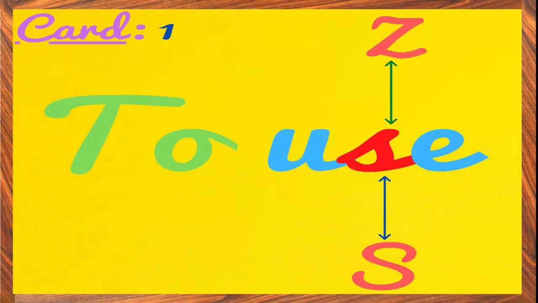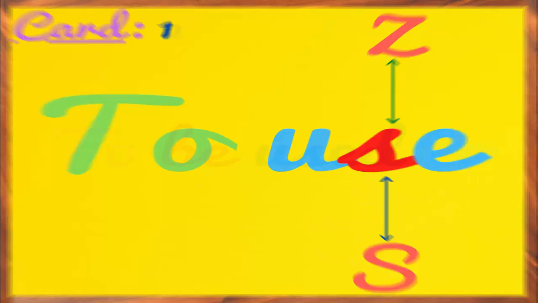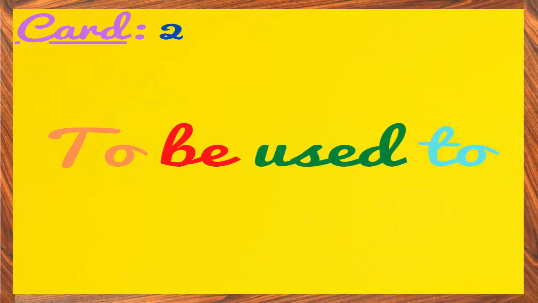First of all, let us introduce three cards. Card number one, the verb is to use. Notice here, S has two pronunciations. Sometimes we pronounce it with Z and sometimes like S. The second card, we will tackle the expression to be used to.